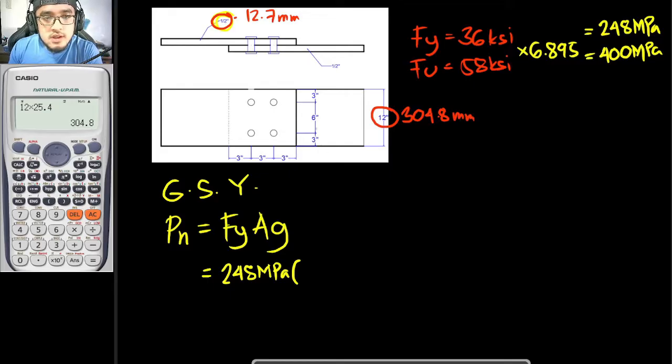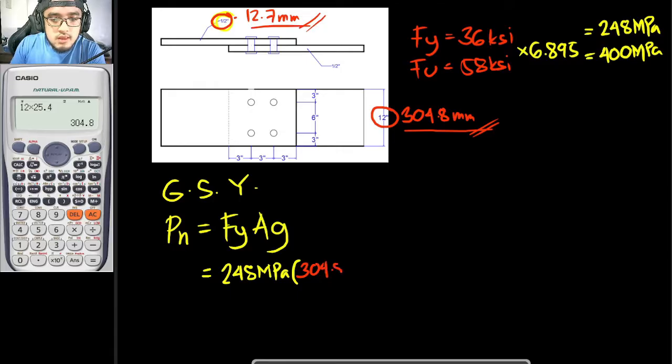So meaning for us to get the cross-sectional area here, that is to be equal to width times thickness, which is 304.8 times thickness, which is 12.7 mm.